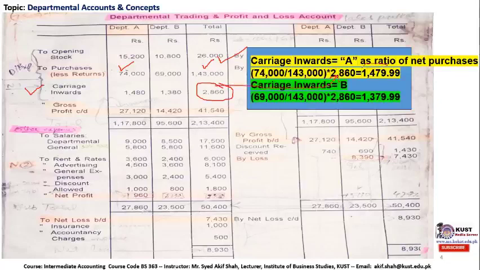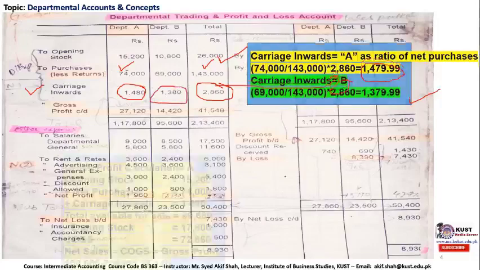It will give you 1479.99, which you can round to 1,480 as we have done. Similarly for Department B, you can use the similar ratio, and the resultant value is 1,380. So this is the way you can divide the carriage inward between Department A and Department B.